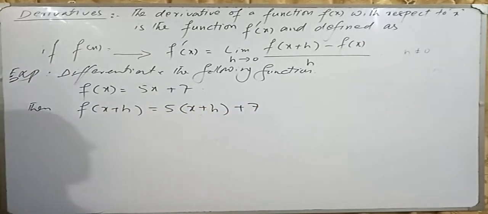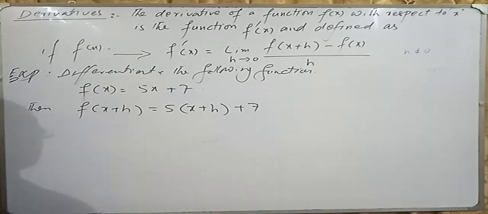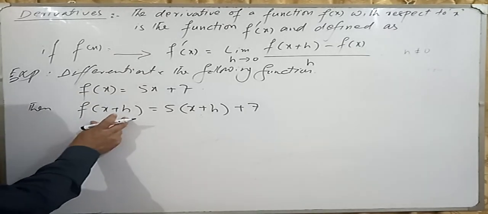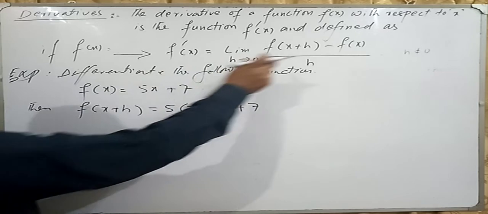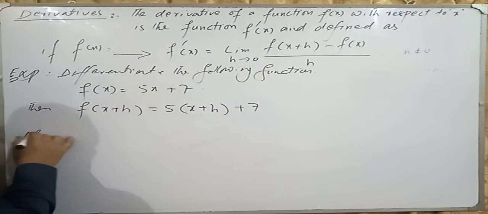We will replace x by x plus h. It means that we are doing a kind of increment in the independent variable. So after finding f of x plus h, and we have f of x, we put these values in the formula.